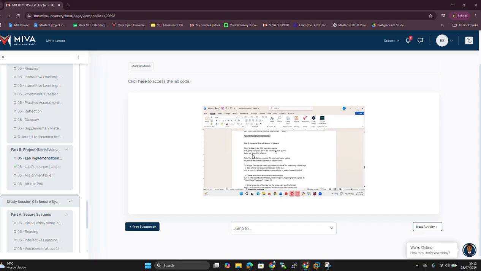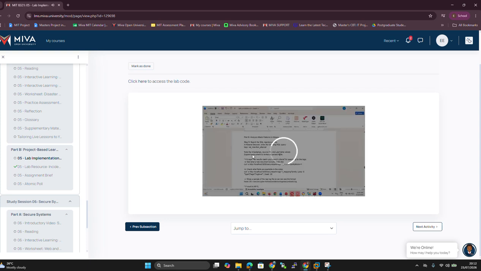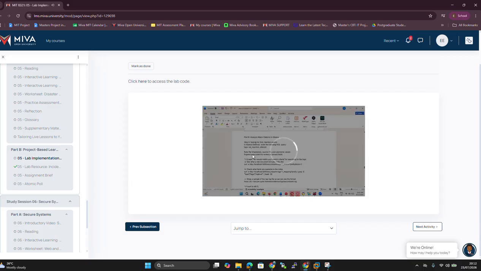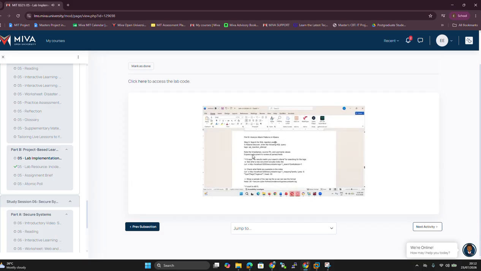Okay. And then step 2 is where you perform analysis of attack patterns in Kibana. Kibana is a web application. You're going to search for the SQL injection event.